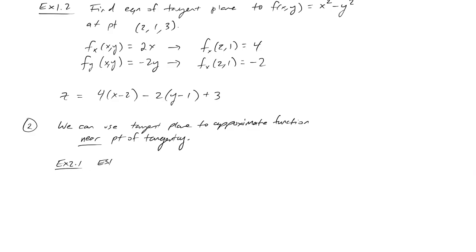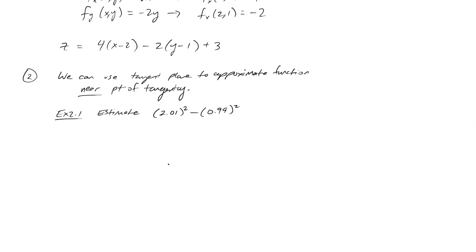Let's estimate the following quantity: 2.01 squared minus 0.99 squared. Now obviously we can stick this in our calculator, but we want to use the tangent plane to the function x squared minus y squared, which you can see is being evaluated on that function at the point 2, 1.